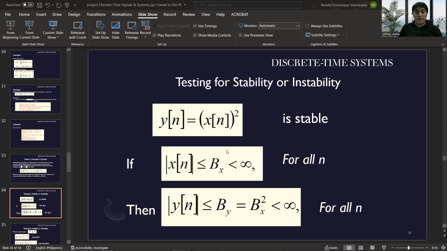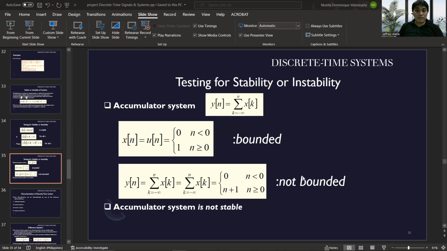So y(n) equals (x(n)) to the power of 2 is stable if |x(n)| is less than or equal to Bx, which is less than positive infinity. So for all n, then |y(n)| is less than or equal to By equals Bx squared, which is less than positive infinity for all n.